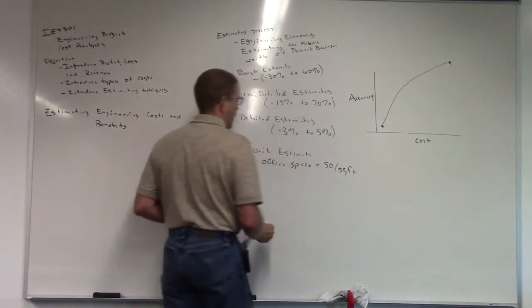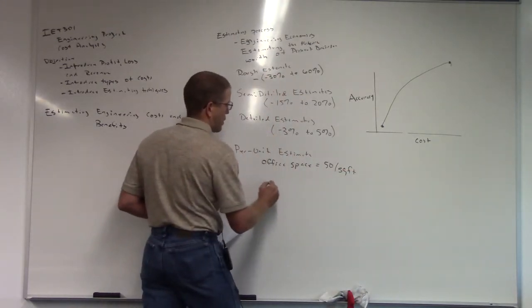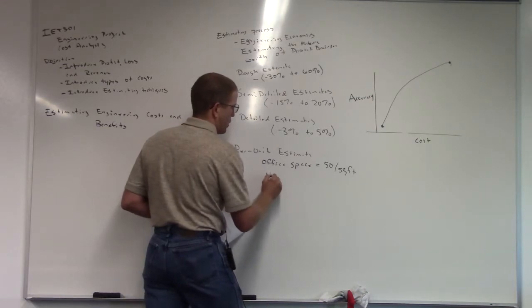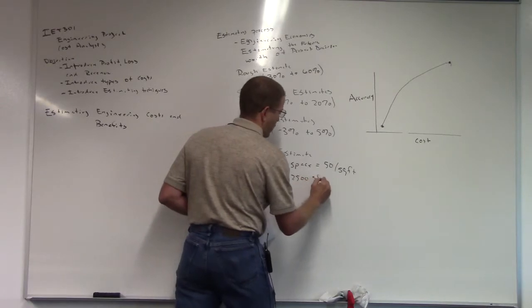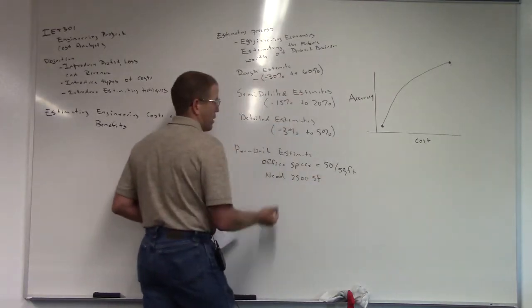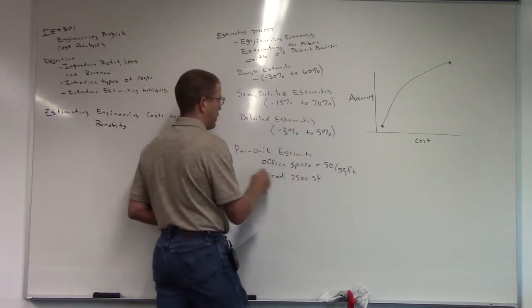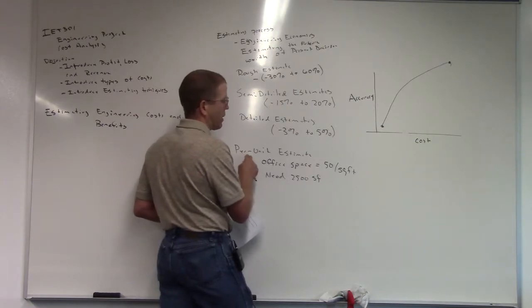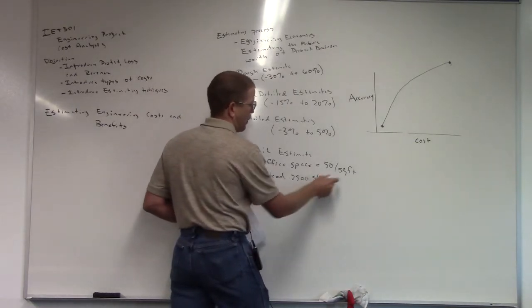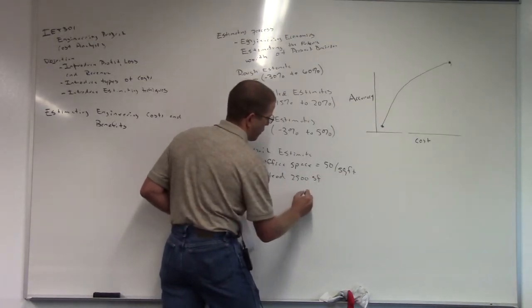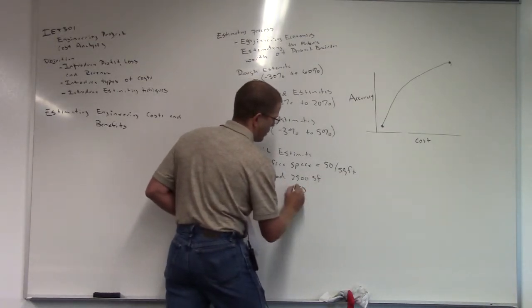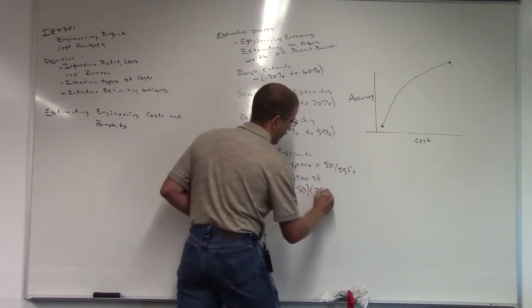If we need an office that's 2,500 square feet, how much will it cost? Well, then we go through and say, by per unit estimating techniques, we'd have $50 per square foot times the 2,500 square feet. So we'd have 50 times 2,500.